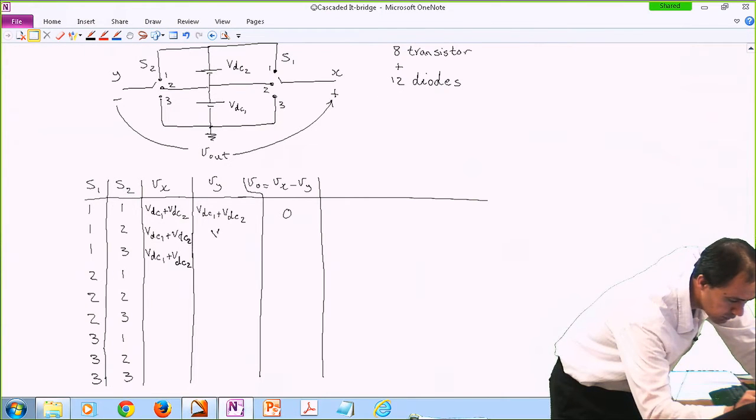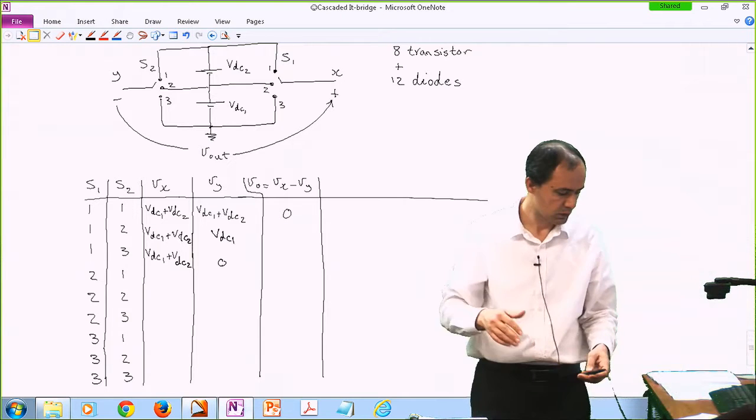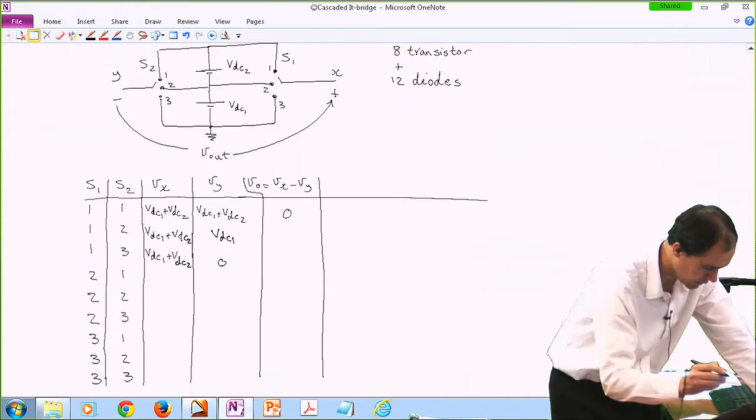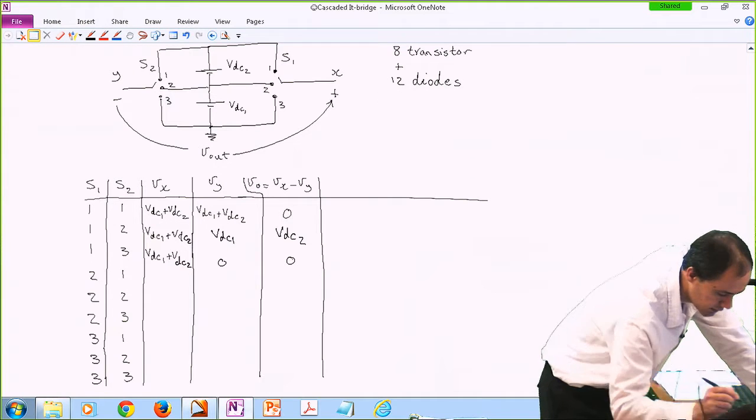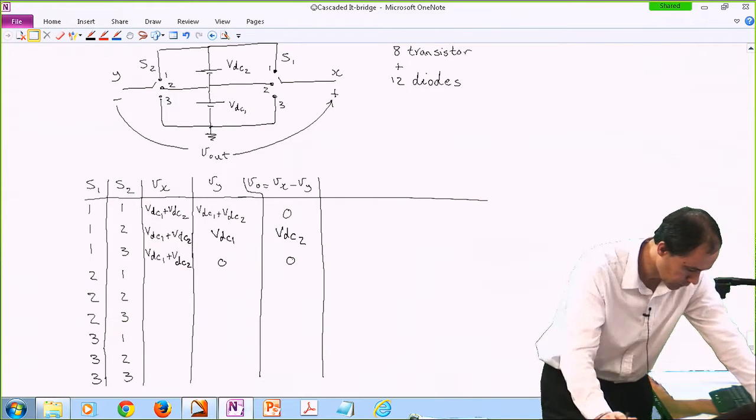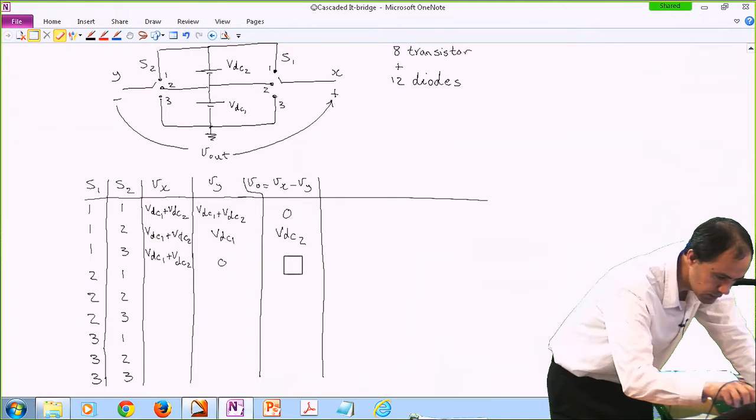Here VDC1 and then 0. So overall my output voltage would be VDC1 plus VDC2.